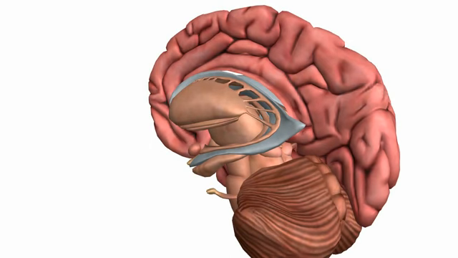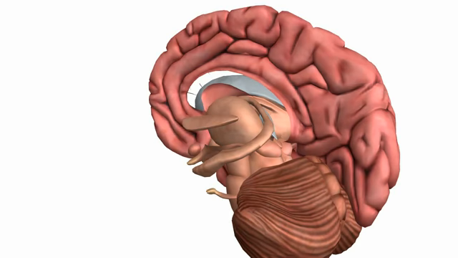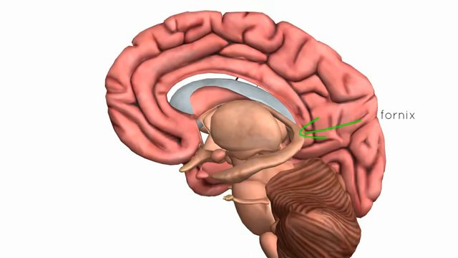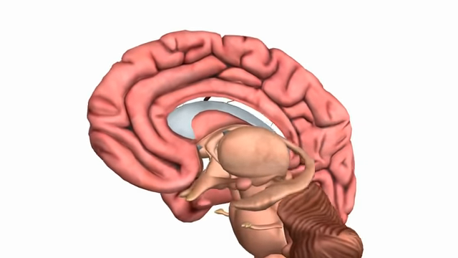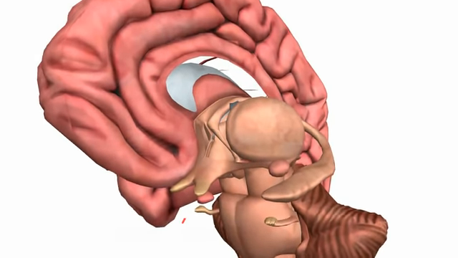So if I just remove the basal ganglia and the lateral ventricle. So the fornix runs up like this, you can see it here, and you've got the mammillary bodies down here.